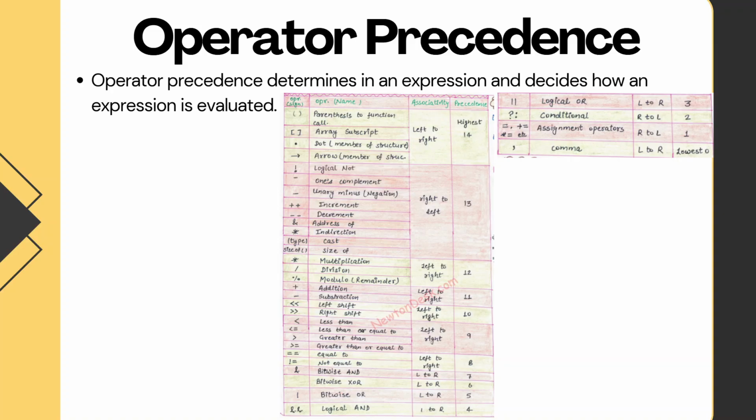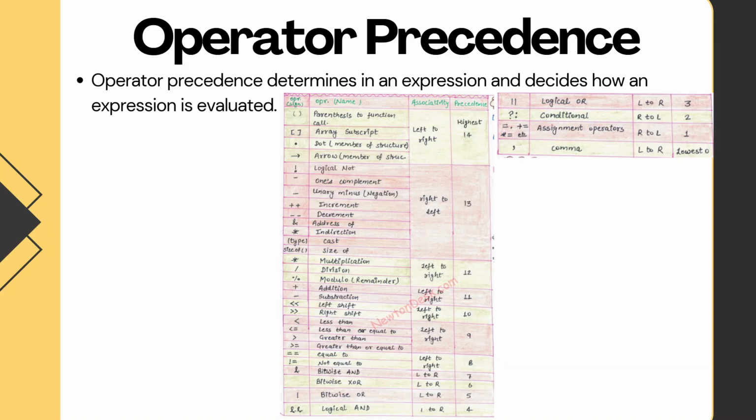Precedence 9: equal to, not equal to, left to right. Bitwise AND, left to right, precedence 7. Bitwise XOR, left to right, precedence 6. Bitwise OR, left to right, precedence 5.